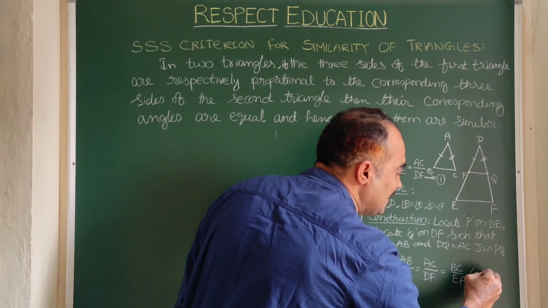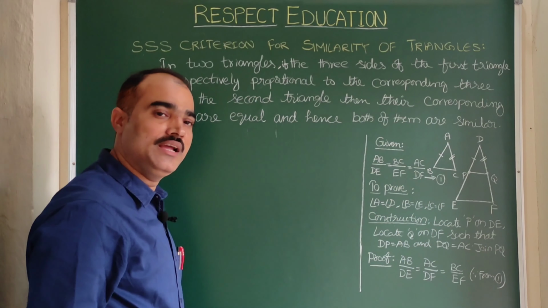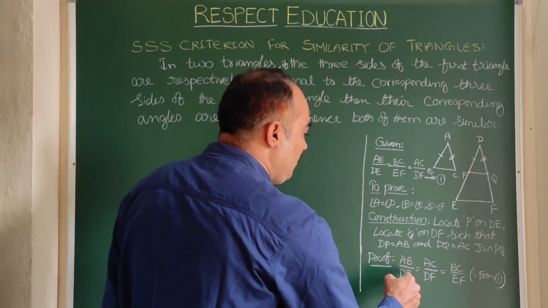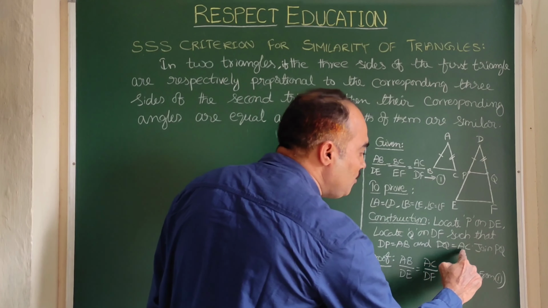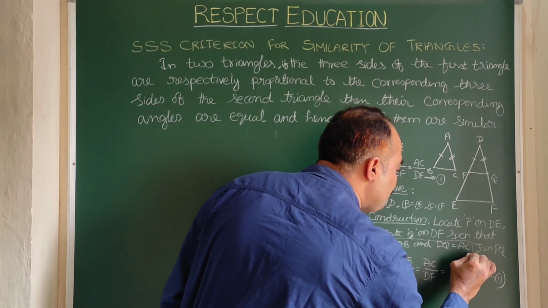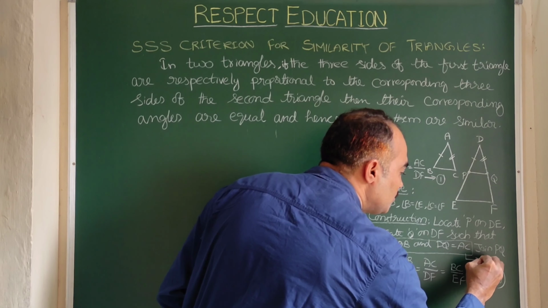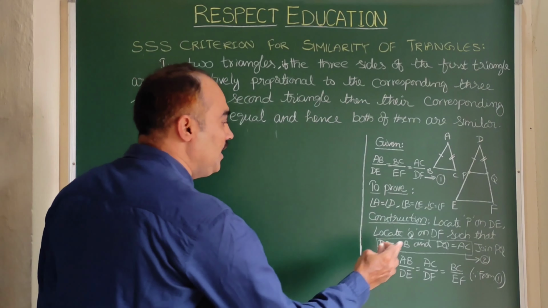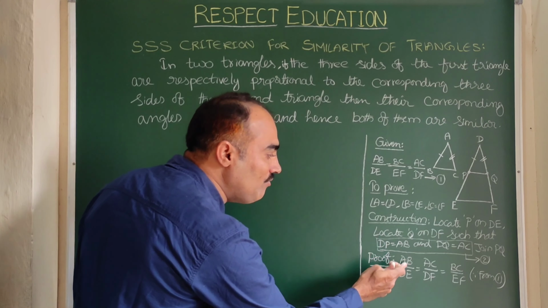Now this DP equal to AB and DQ equal to AC, let us take as equation number 2. Now substitute equation 2 in 1.